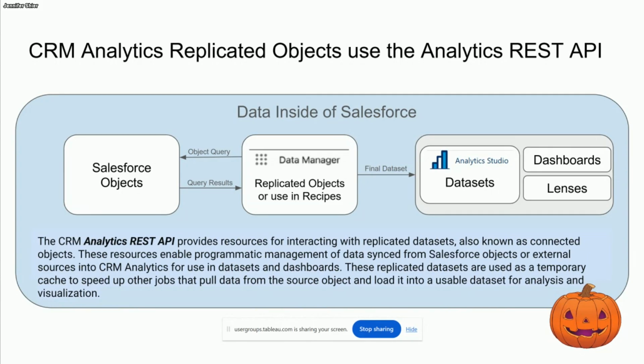We are only inside of Salesforce at this point. We're not taking data from outside. So what we're doing is we're inside CRMA, and we're going to go get some of our data sets, or sorry, not data sets, custom objects or objects from our regular org. So think of it this way: the haunted house picture I showed.